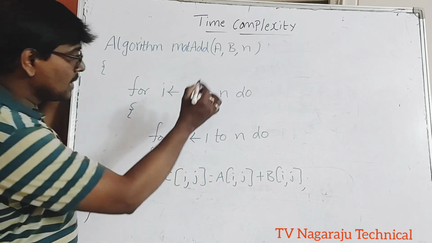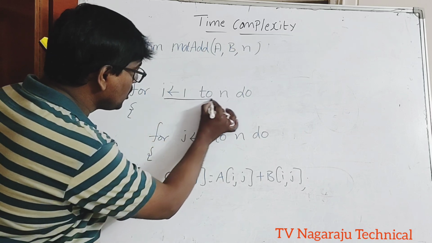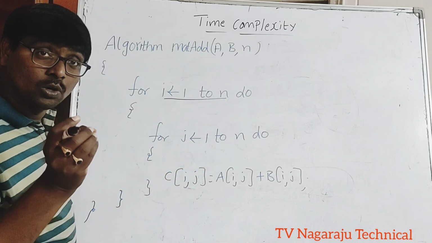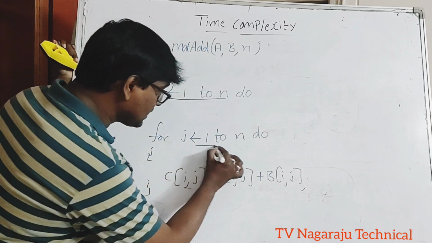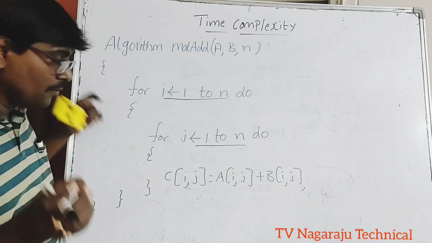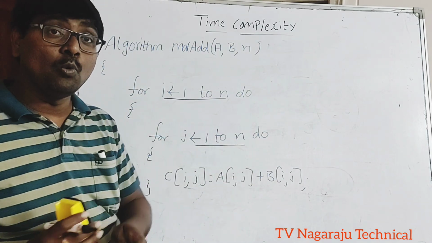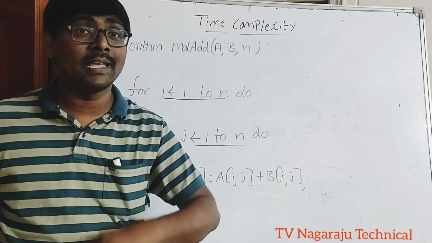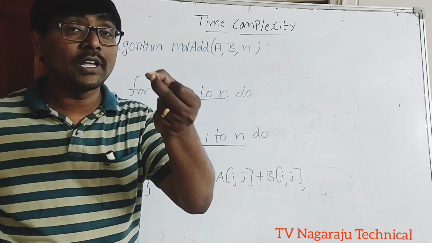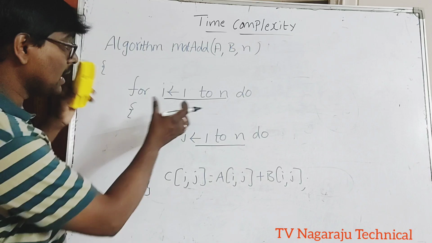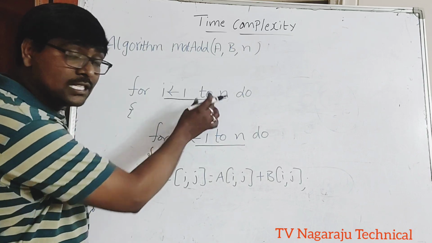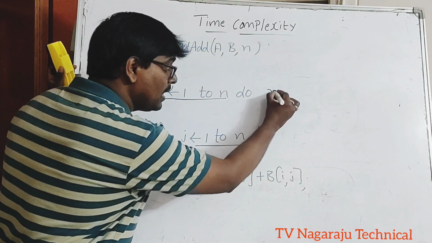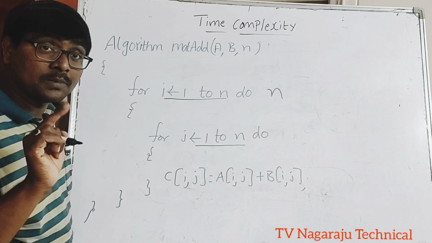Two for loops. The first for loop is executed from i equal to 1 to n. The second for loop is executed from j equal to 1 to n. Anyway, you know how to calculate time complexity by counting how many times a loop is executed. Observe, this loop is executed n number of times.